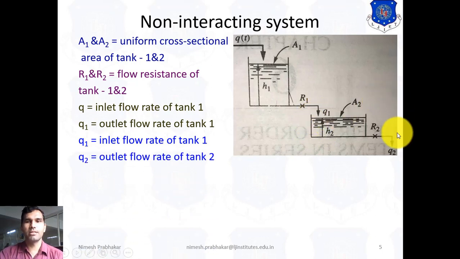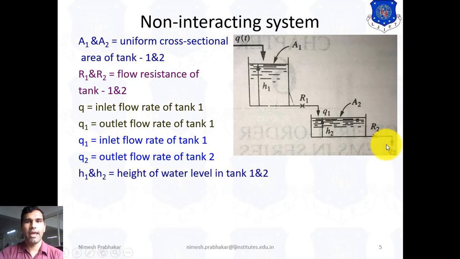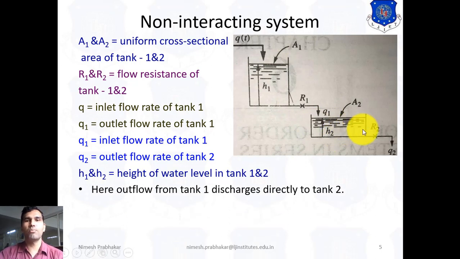Now Q2 is the outlet flow of tank 2, and H1 and H2 indicate the level of water inside tank 1 and tank 2 respectively. Here the outflow from tank 1 discharges directly to tank 2. That means the outflow Q1 is discharged directly into tank 2.